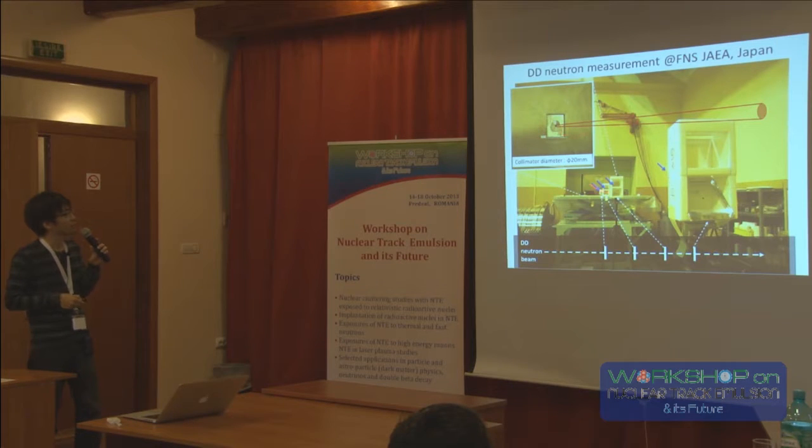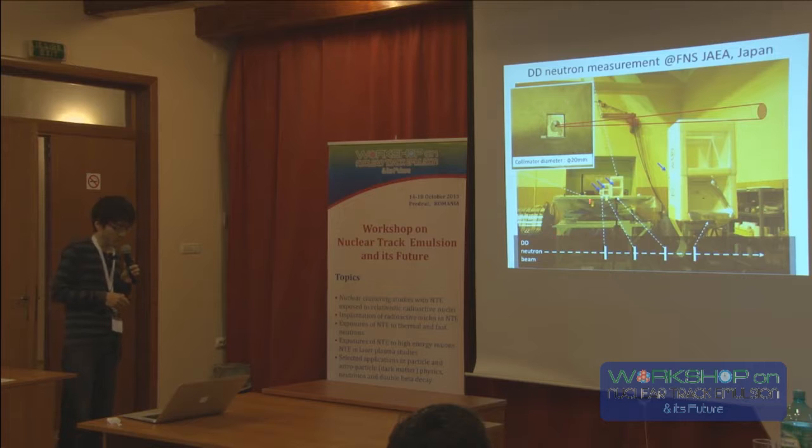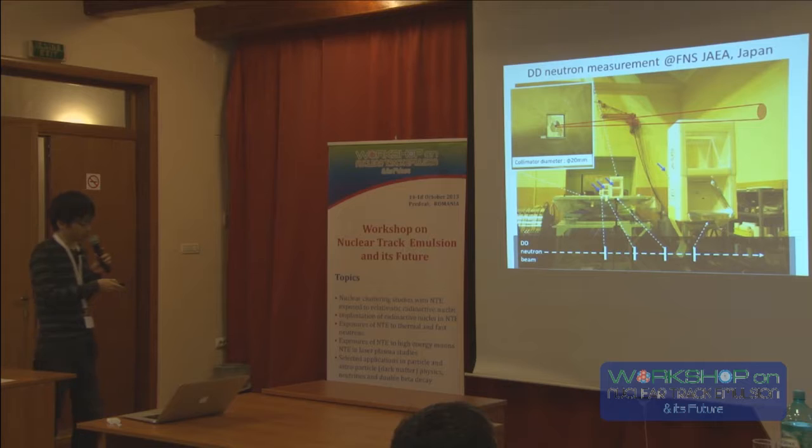We use 4 emulsion detectors, placed here and here and here and here. The distance is the same, about 2 meters. And we have tried imaging of this neutron beam shape.